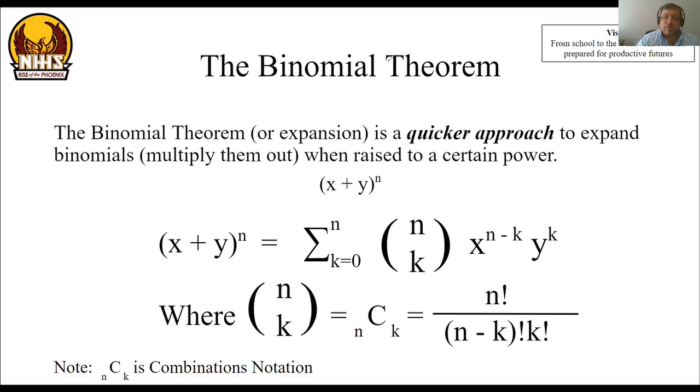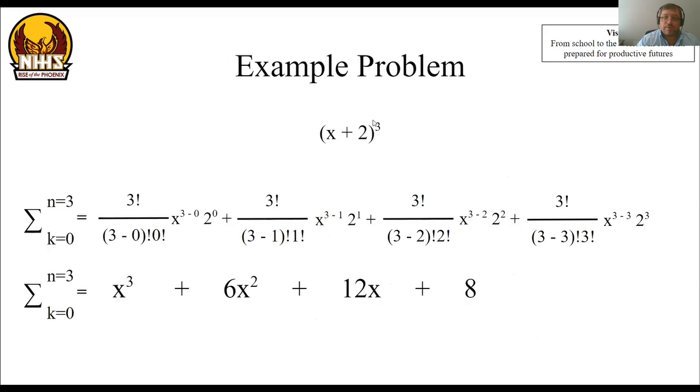Let's see what an example looks like. If I had to do it this way, here's my highest exponent, 3. So n equals 3. You always start off with 0. You first take the 3 factorial, that's the n. It stays constant through the whole thing.